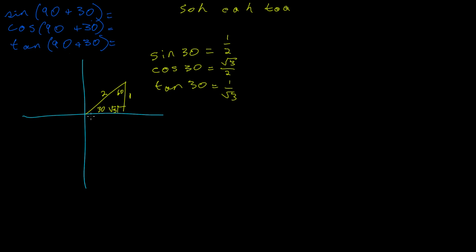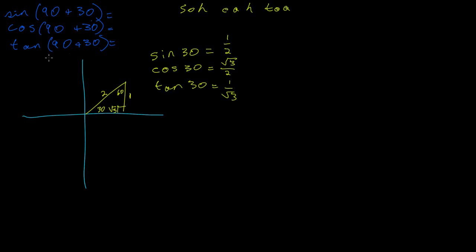First thing we have to realize is that, let me draw it for you incorrectly. This is a very common mistake. This is the incorrect drawing. Why is that incorrect? If I want to find the sine of 30, and this is just going to be like 1, and this is going to be like now minus root 3 or something, that's incorrect. The reason is we want to know what's 90 plus 30.